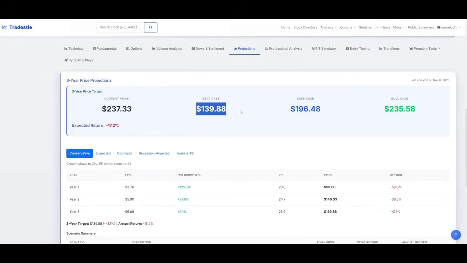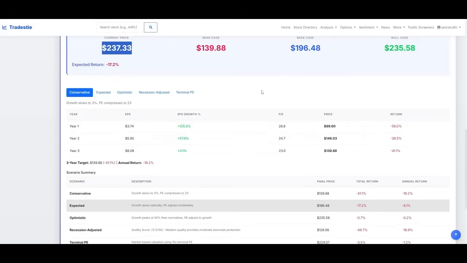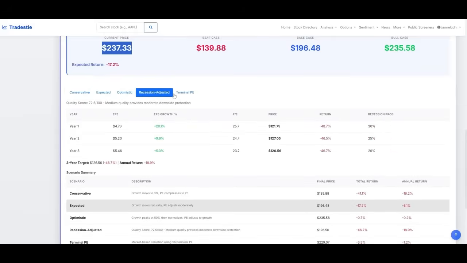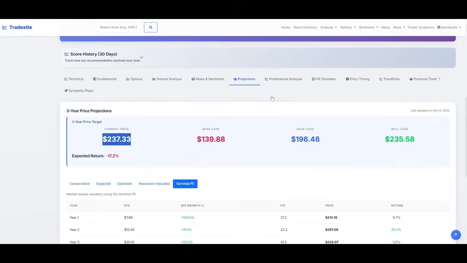Base case is 196, bear case is 139, and bull case is 235, which is closer to the current price. And then there are year 1, year 2, year 3 targets depending on the PEs and all that, right? So you can go through different tabs here to see what the price of AMD is for different scenarios.